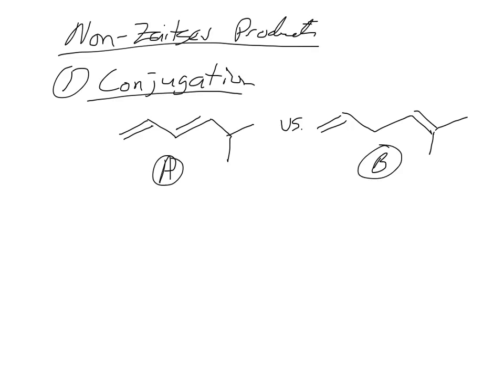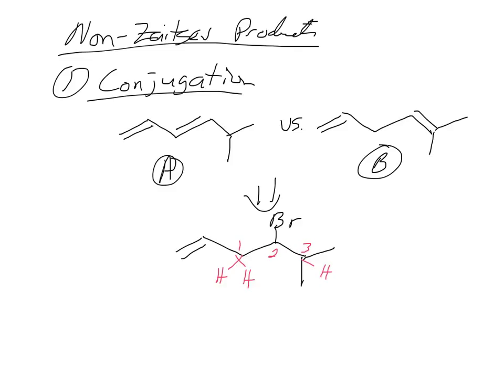So if you have a choice, let's say that these could have come from this starting material, right? And then you label your beta hydrogens, right? Beta hydrogens. We take the beta hydrogens from which carbon instead?